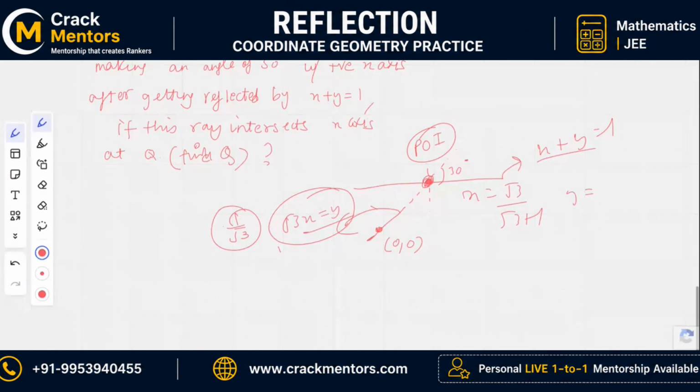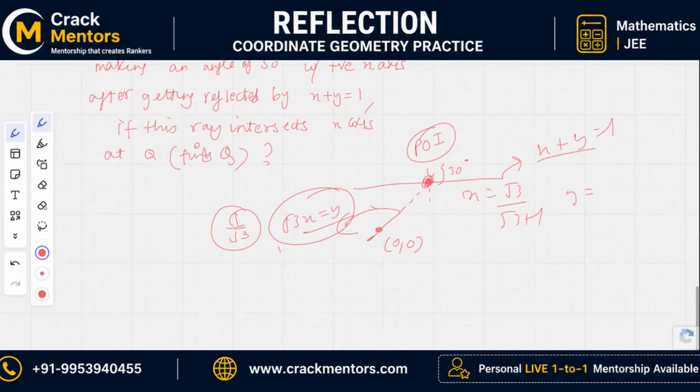So the reflected ray through 1 comma 1 will be y minus 1 equals root 3 into x minus 1, and then x equals 1 minus 1 by root 3, which is 3 minus root 3 by 3. So Q equals 3 minus root 3 by 3 comma 0.